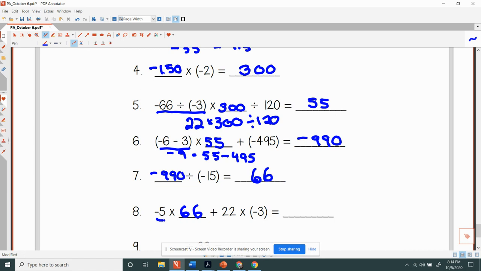So we start: negative 5 times 66, which is negative 330. Now, we're going to save the multiplication. The order of operations tells us to multiply first. So 22 times negative 3 is negative 66.